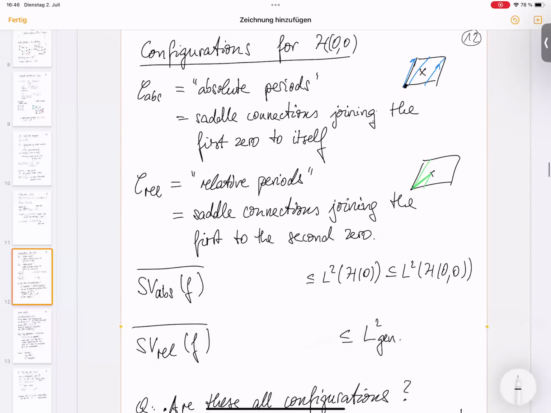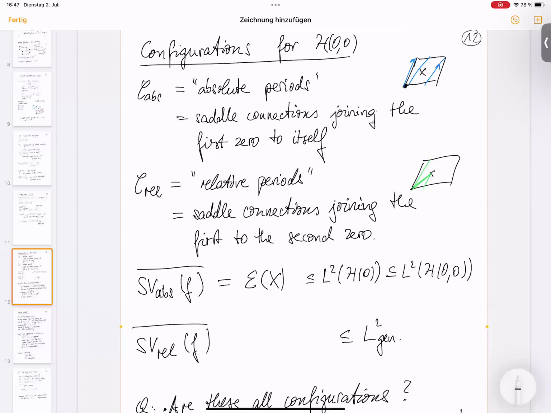Well, the absolute periods don't depend on the location of the second zero at all. And so it's pretty clear that they produce a subspace of L2 of the modular surface, the copy that sits in there. And in fact, from what we have already seen about Eisenstein series and their rewriting in terms of Siegel-Veech transforms, this is just the Eisenstein space of the modular surface.